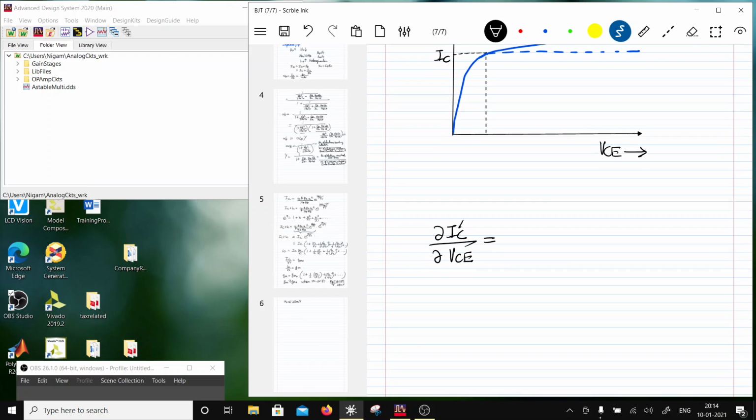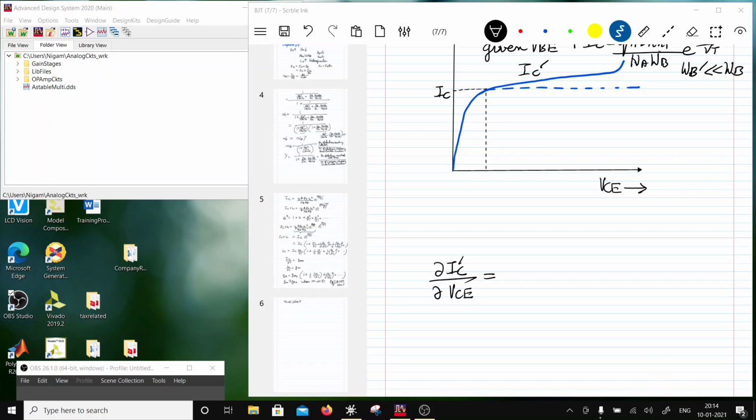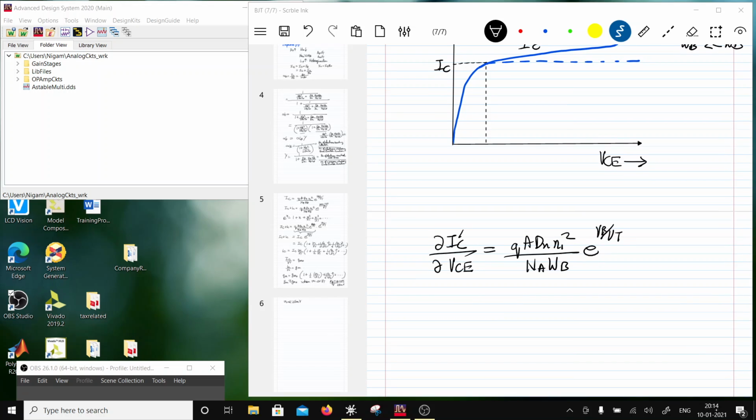So that will be equal to QADN Ni square over NaWb. So this is what we have, e raised to VBE by VT. Now let's do this with respect to dou WB. That's what is going to change, and then multiply it by dou WB by dou VCE, correct?